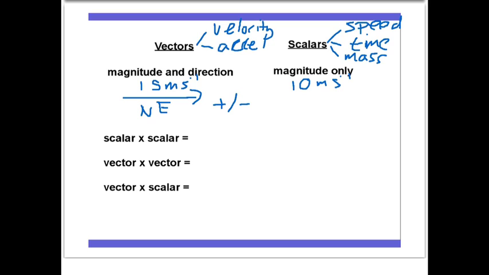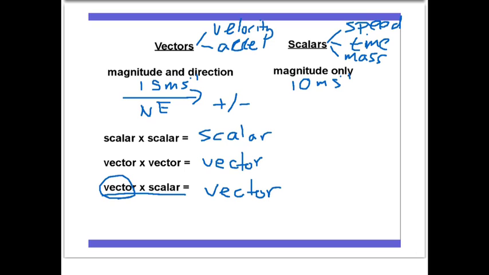So when we multiply two scalars together, that's straightforward. You just get another scalar. A vector times a vector, of course, gives a vector. The actual direction of those vectors isn't really important. We don't do vector multiplication in Year 12 physics. When we get a vector times a scalar, it's important to remember that the answer will always be a vector, and it will be a vector in the same direction as this vector.